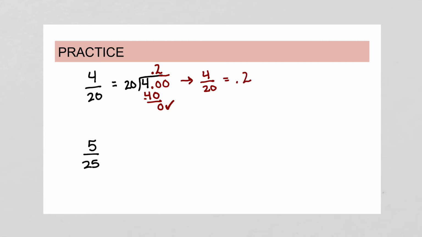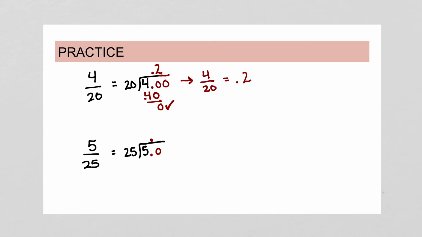Okay, well, let's look at the next one. 5 over 25 is the same thing as 5 divided by 25. And again, I see that 25 is too big to go into 5 right away. So I need to expand this out with some zeros. Let's just start with 1. And remember, I'm going to put that decimal right up top and make sure it's lined up.